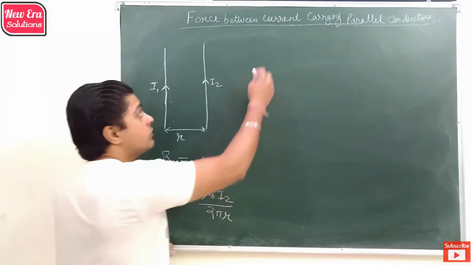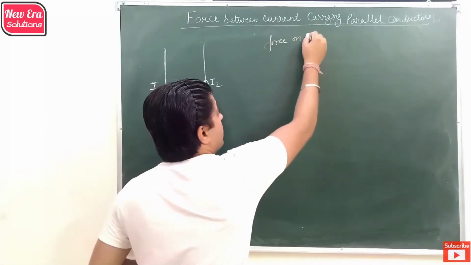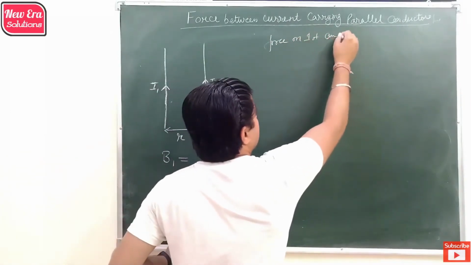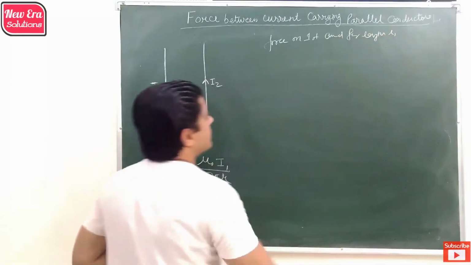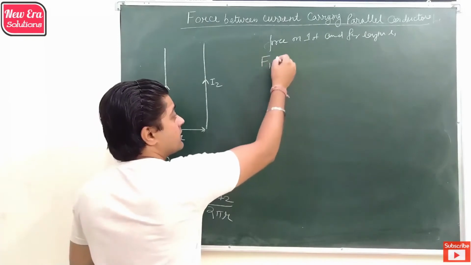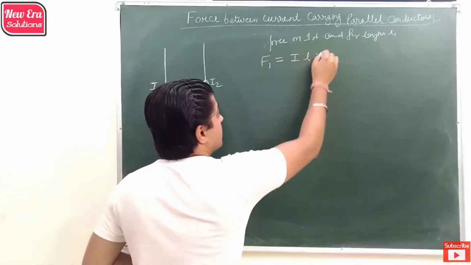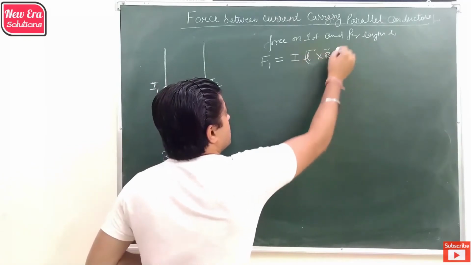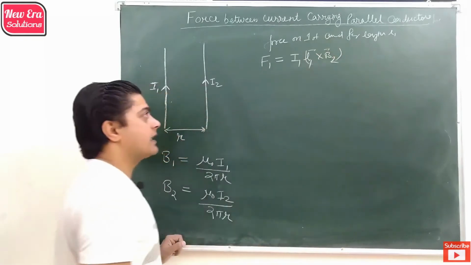Now let's assume the force on the first conductor for length L1. Then that force on the first conductor is I L cross B. So the current of the first, the length of the first, but the magnetic field of the second.